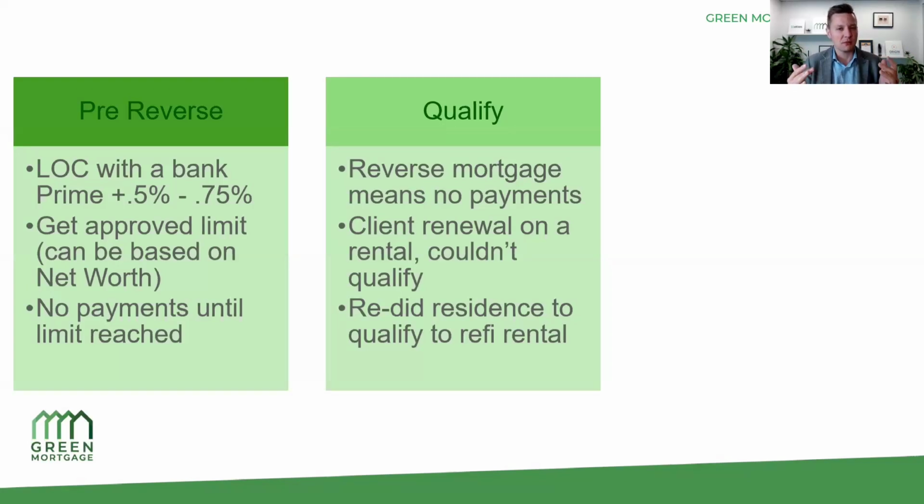When we looked at the numbers, we realized, if we put the residence into a reverse mortgage, now there's no payments on it. And then the rental, now we can qualify the rental, redo the rental property. If we wanted to, we could have brought up the loan amount, and then we were able to re-amortize it and get a better rate.